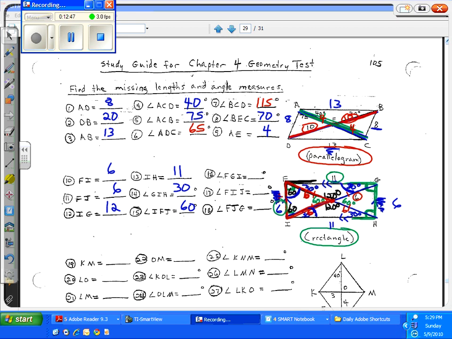It's 30 degrees. Angle FIJ, FIJ is this angle right here. It's 60 degrees. Angle FJG, FJG is this angle right here. It's 120 degrees.